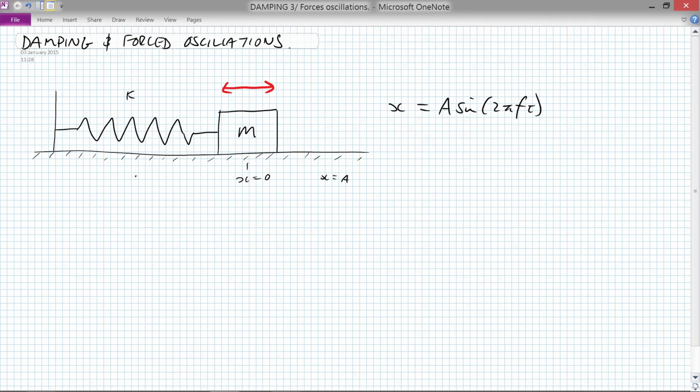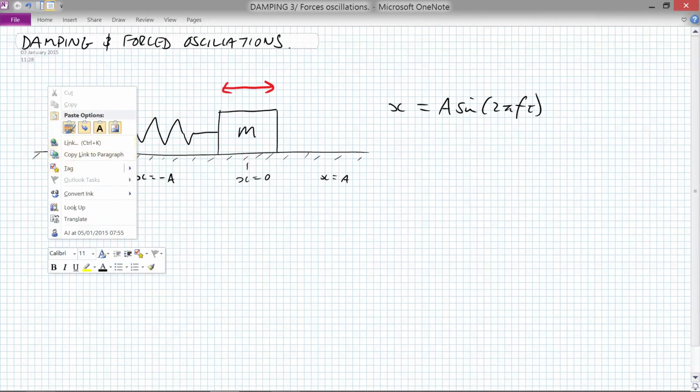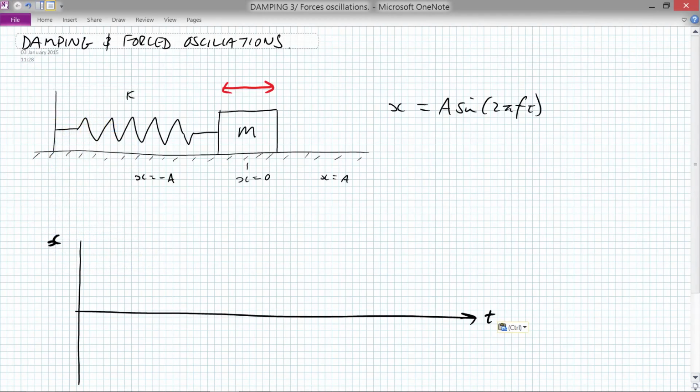And we said that's going to oscillate backwards and forwards between the positive and negative amplitude. And we sketched that graphically.